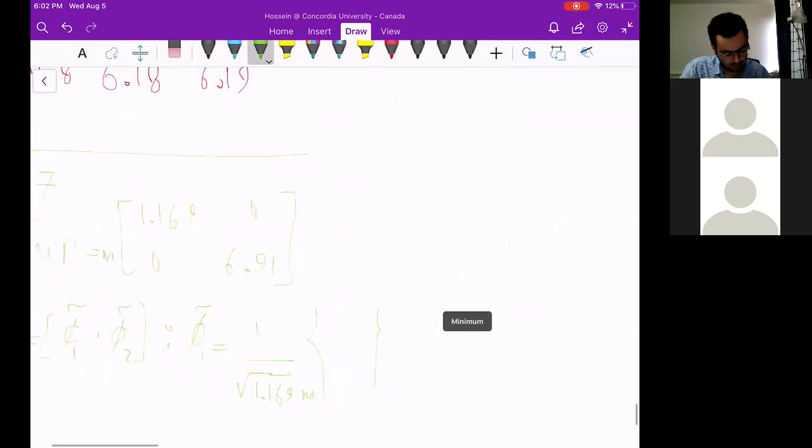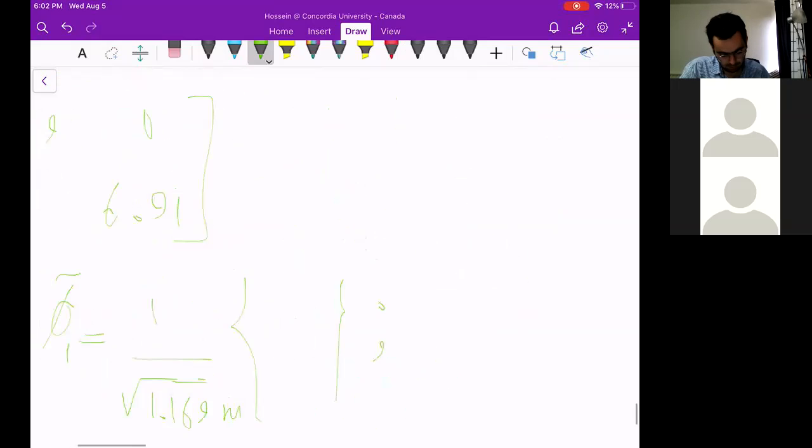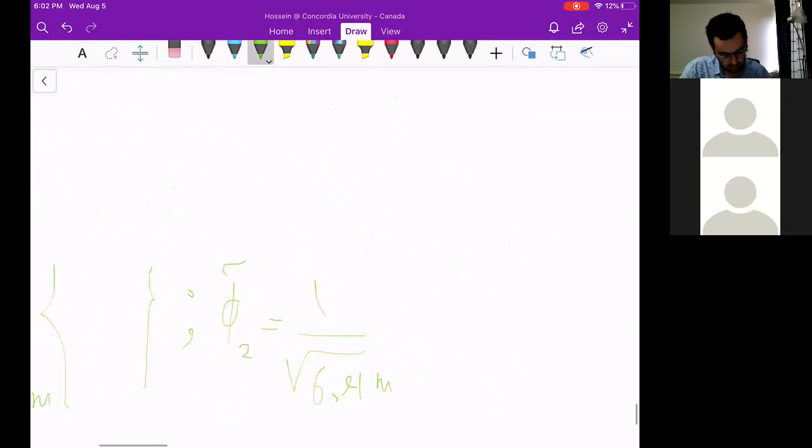We solved the first mode shape, and 6.91 m multiplied by the second mode shape we already obtained.